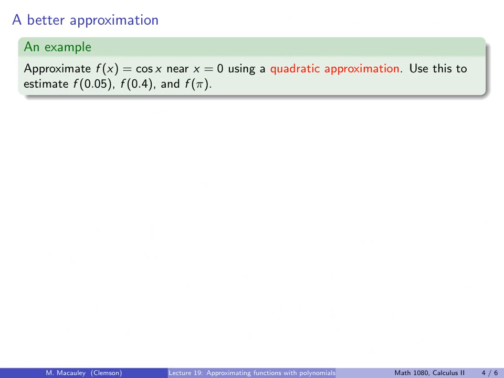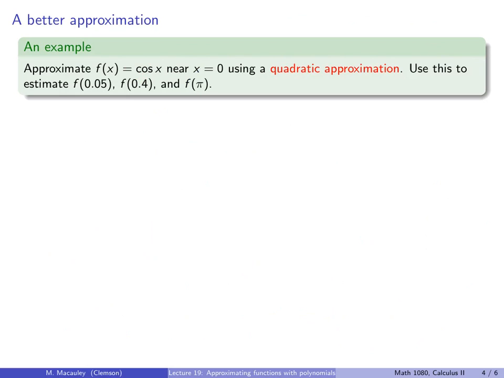So now we're going to generalize what we did before with not just a tangent line, but a tangent parabola. So approximate cosine near the origin, and now we have more freedom. Instead of just mx plus b, we're going to have 3 constants. So let's write this down.